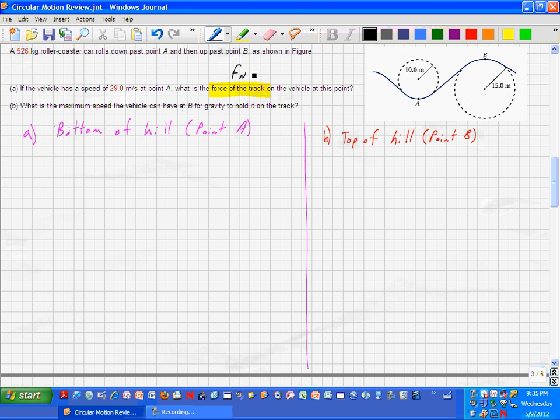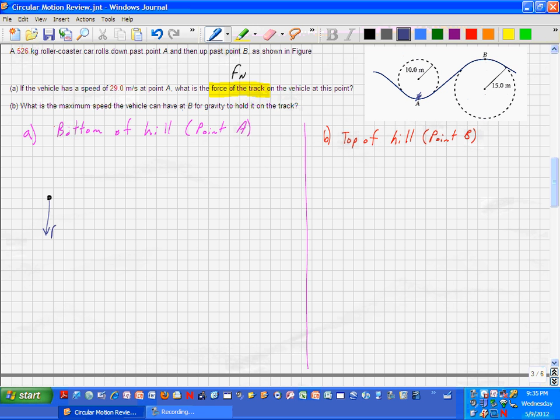To show you that this is indeed the normal force, let's take a look at a force diagram for the roller coaster car at point A. At point A, here's my roller coaster car. I've got two forces acting on the object at this spot.